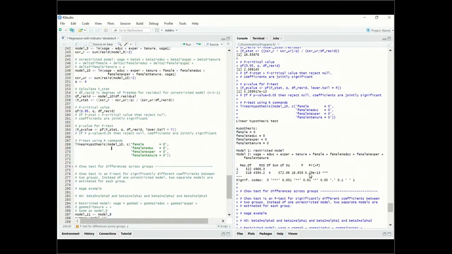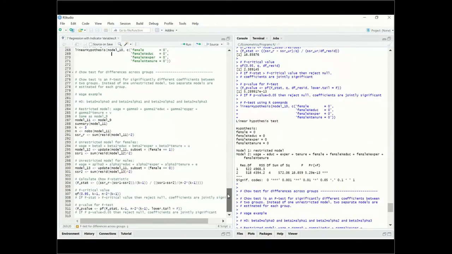So if you look up above, that's exactly the F statistic that we calculated manually in a slow way, and this is the p-value. So again, if you want to test for significant differences, all we have to do is just estimate the unrestricted model and then basically do a linear hypothesis test testing that all of these coefficients are jointly significantly different from 0.